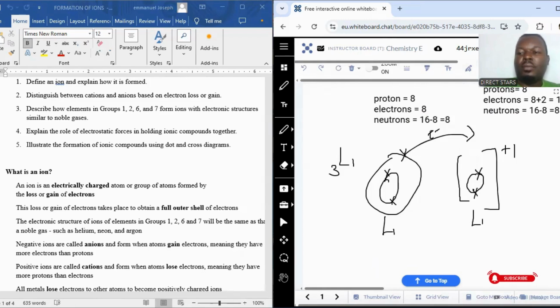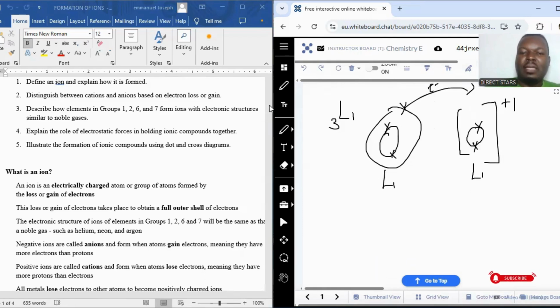So let's look at what I mean by that statement. For the lithium atom, protons equal 3, electrons also equal 3, while neutrons equal the mass number 7 minus 3, which is 4.